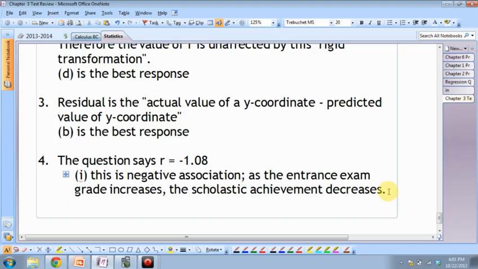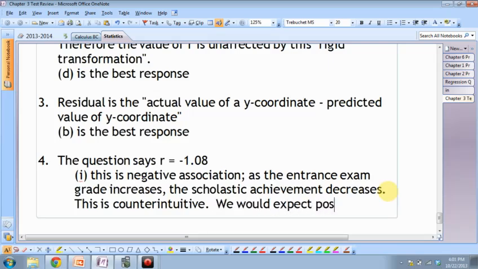This is counterintuitive, right? So most likely it's going to be a positive association here.